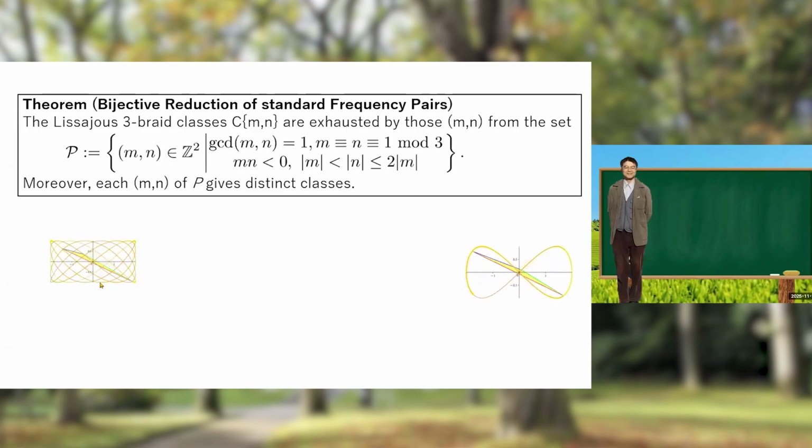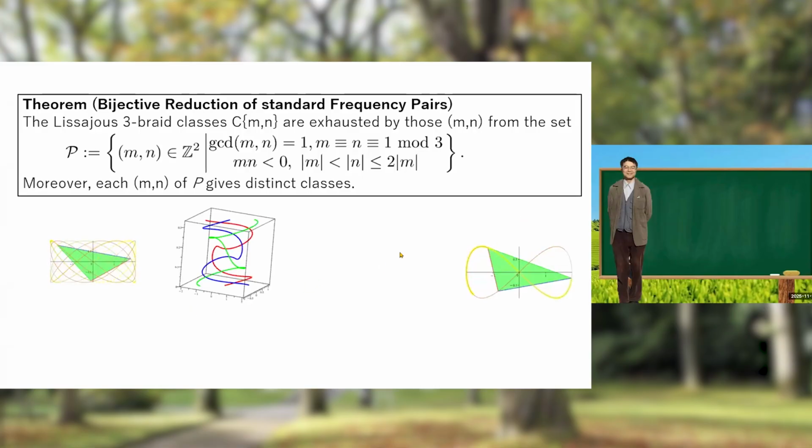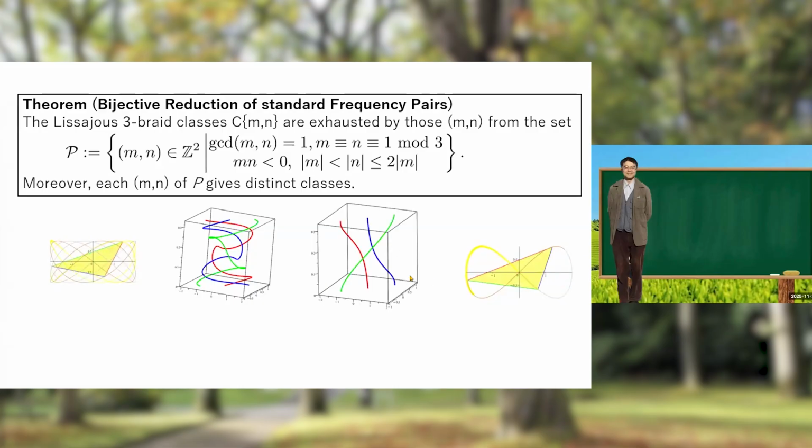So we have two such three-body motions, one is this one, and the other is this one.